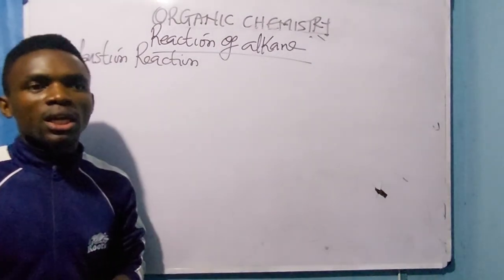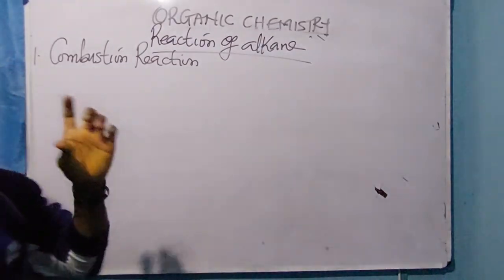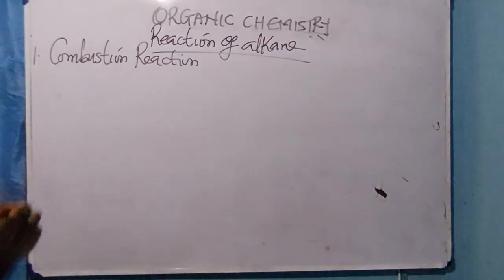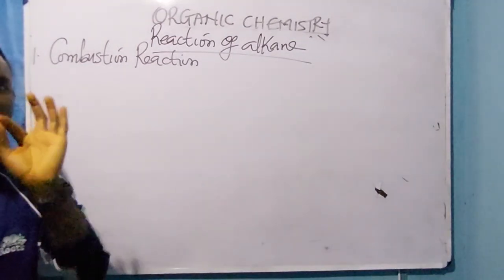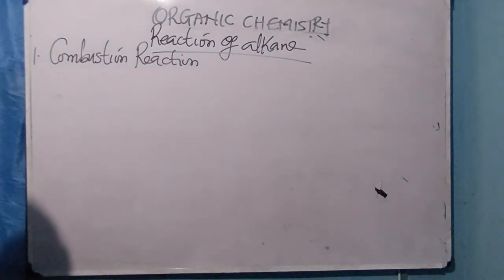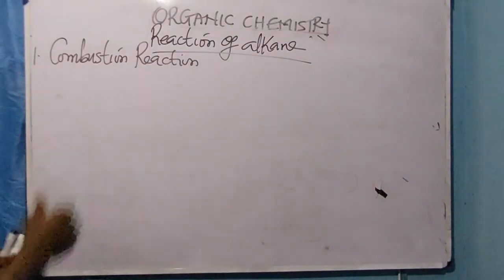What does it mean? It is a process whereby a molecule burns in air to produce carbon dioxide and water only, or it is a type of reaction in which heat and energy is produced during the process. And what formula is used to calculate combustion reaction? I'll write it.